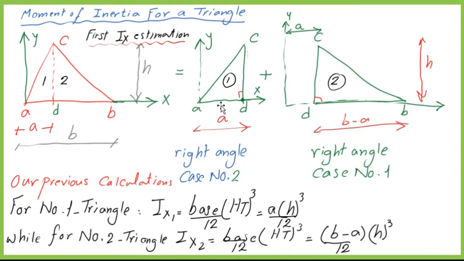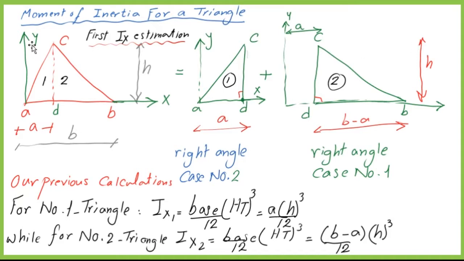This triangle, we call it triangle number 1, having base equal to a, which can be considered as case number 2. While for the other triangle, triangle number 2, which is DBC, this is 90 degrees, the base equal to b minus a, and the height is equal to h.